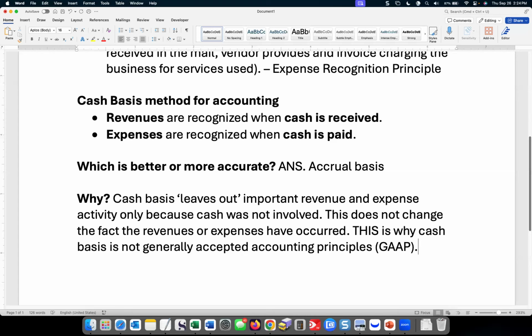You may have a business that had over $100,000 in revenue, but under cash basis, they only recognize $20,000 of it because that's the only amount they got paid in cash for. Now, if we're following that criteria to judge whether or not we have revenue, is that really an accurate picture of what the company did that year? No, because they generated over $100,000 in value of revenue.